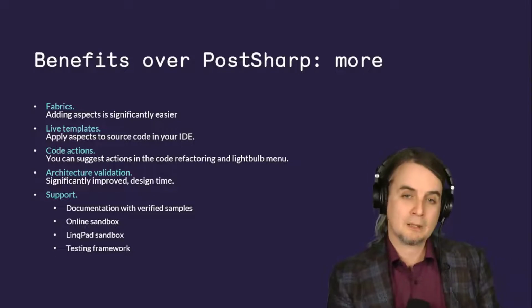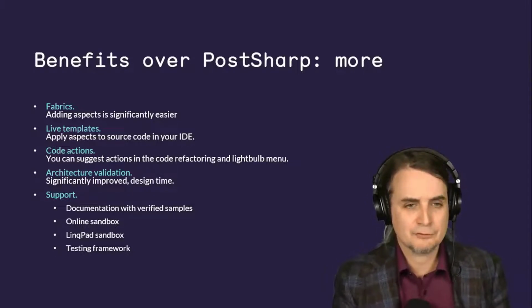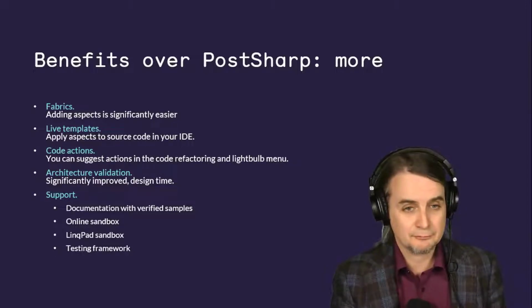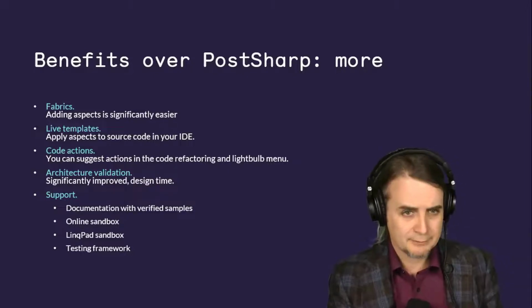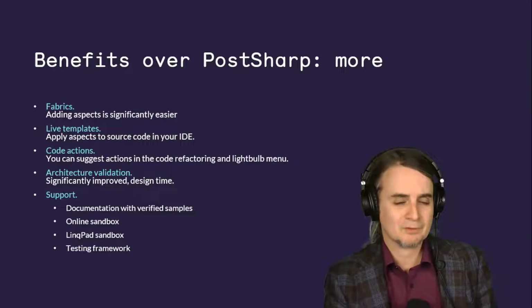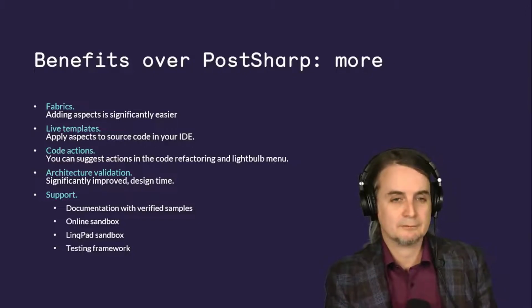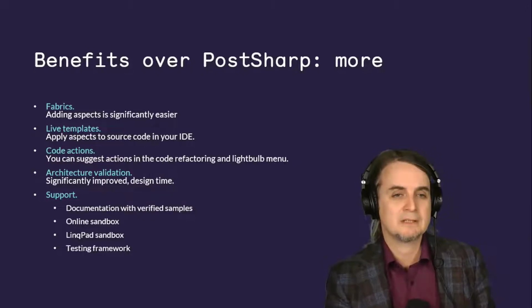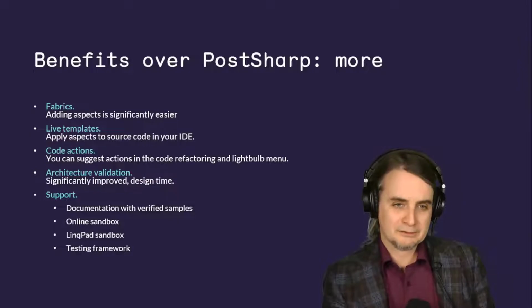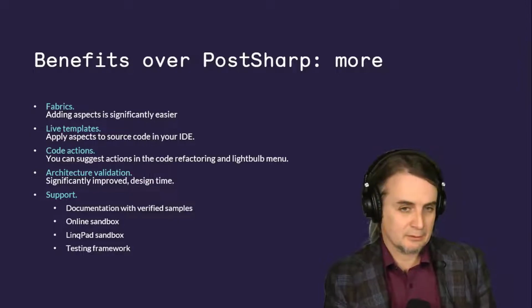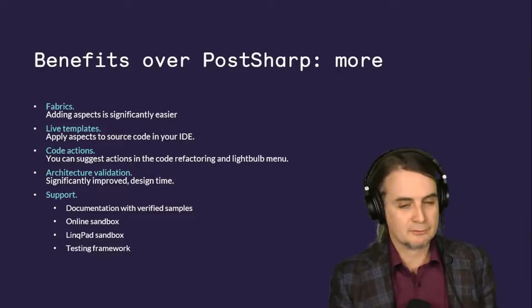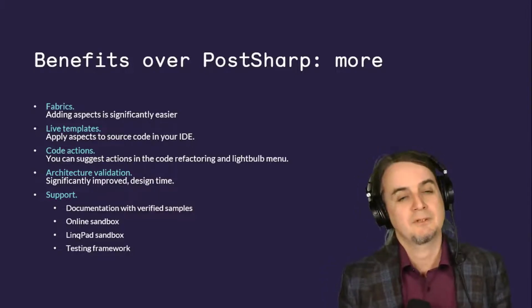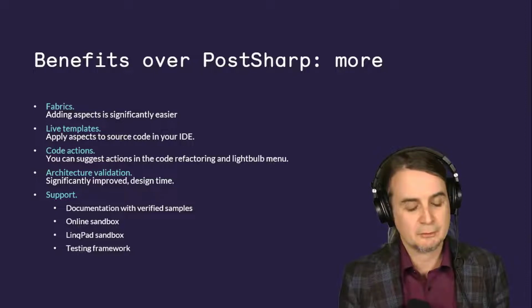So other benefits. We have fabrics that cover multicasting, project.config, very good replacement, live templates that improve the design time experience, code actions. Architecture validation is really improved. Documentation is a completely new generation. We have unit tested documentation.